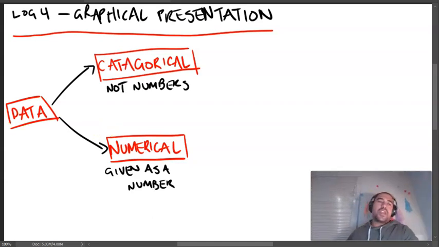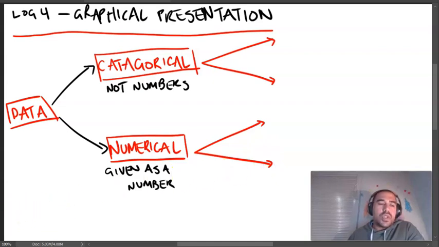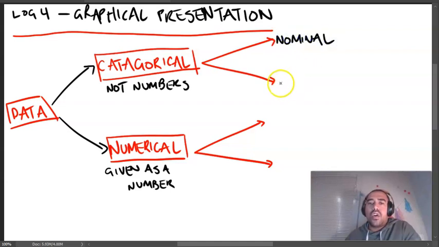But then where it gets a little bit tricky is that there are actually 2 more subcategories that branch off from both of these. So for categorical, the 2 subcategories we can have are nominal or ordinal.